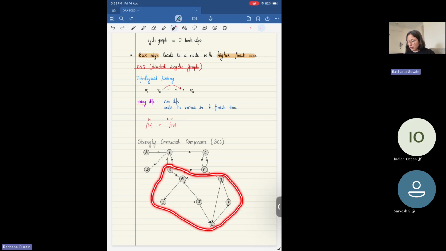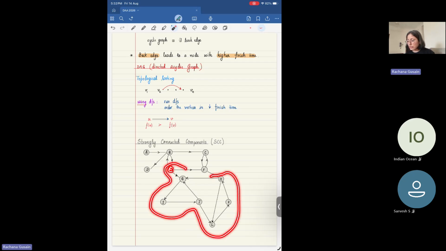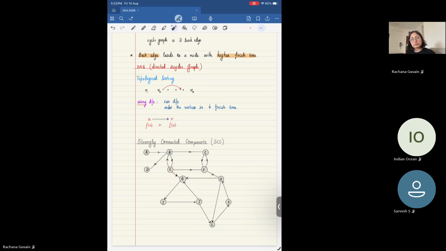Do you think this is strongly connected? So this part was strongly connected, right? Now you are suggesting adding E to this. Is this also strongly connected? No, right? Similarly, if I add F to this, it is not strongly connected. And these were the vertices which were directly connected to this part.